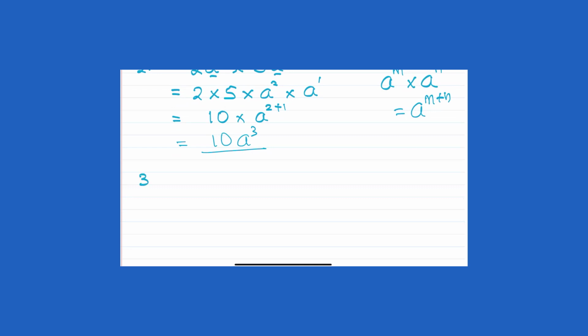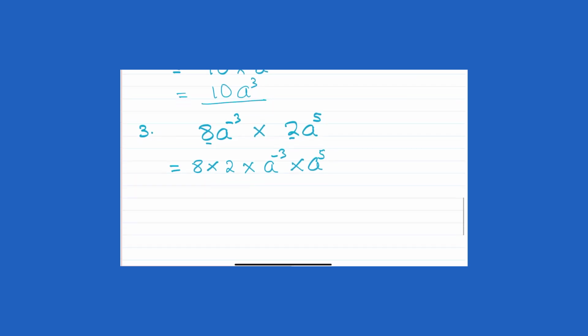And this brings us to the third one, where we have 8a to the power of minus 3 multiplied by 2a to the power of 5. The same process. We look at the whole numbers that we have. We have 8 times 2. And then we look at our variables and their power. And then we have minus 3 plus 5.